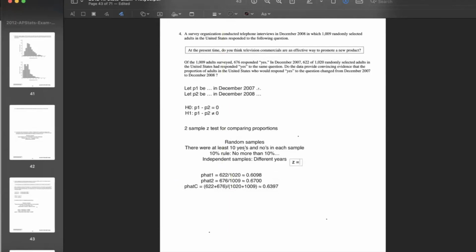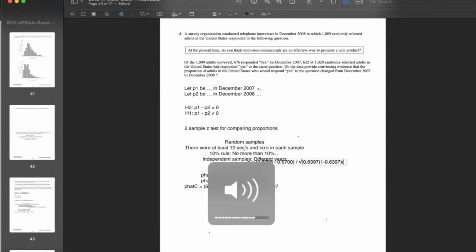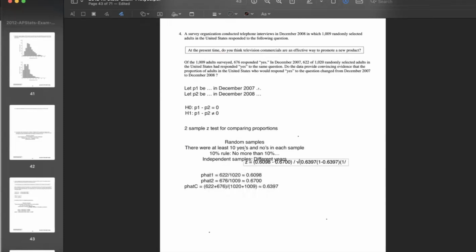Okay, so now we can obtain a z statistic. z equals the point estimate, which is 0.6098 minus 0.6700, divided by the square root of 0.6397 times 1 minus 0.6397, times 1 over the first sample size plus 1 over the second sample size.